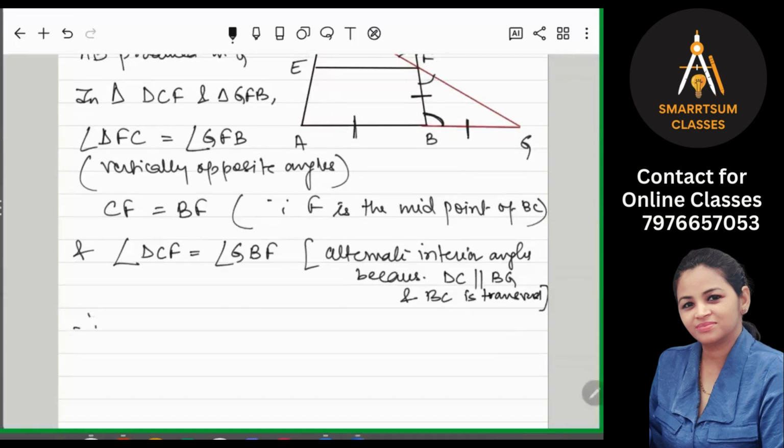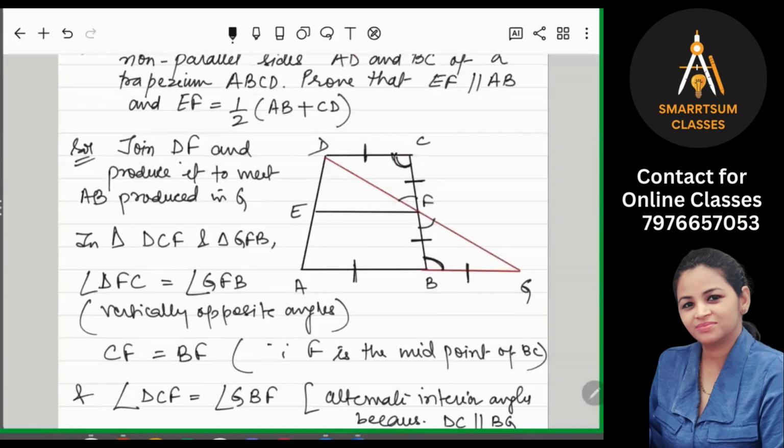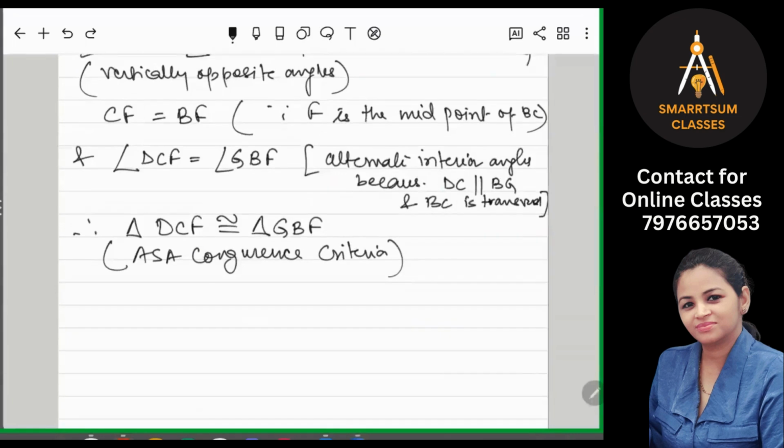We can say that triangle DCF is congruent to triangle GBF by ASA congruence criteria: angle, side, angle.